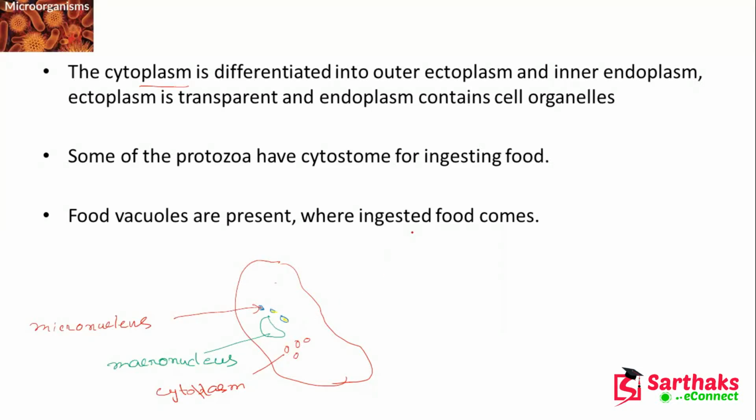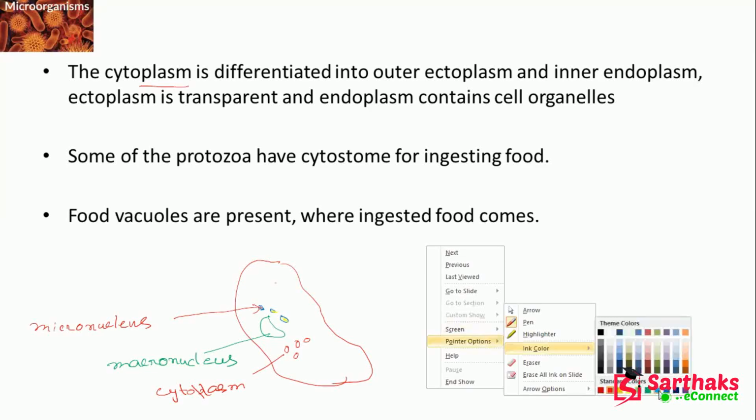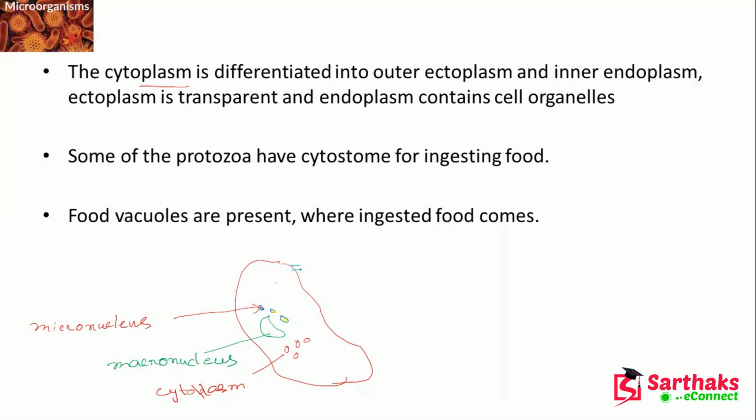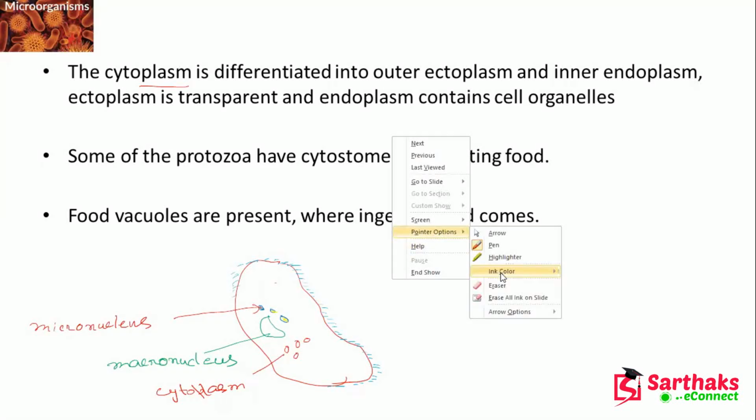And there will be a lot of, just a minute, let me change the ink color. Here you have, all over this. I'm not drawing the whole thing, the main parts I'm just showing here.